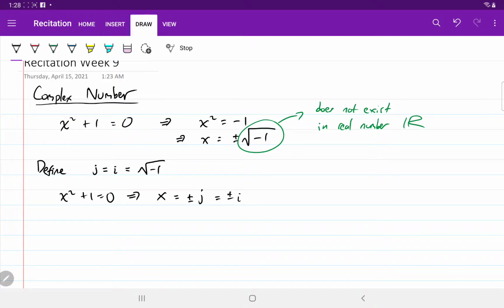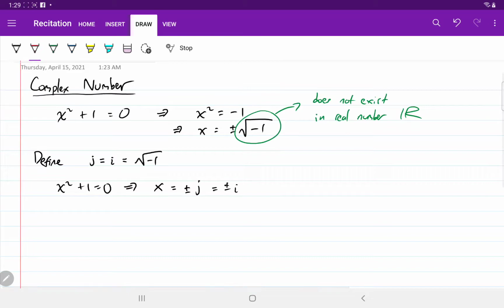But in network theory, usually we refer to currents as i, so that's why here mostly we will refer to the square root of minus 1 as j. Okay, so let's remember that we define j. This is a definition: j is the square root of minus 1.